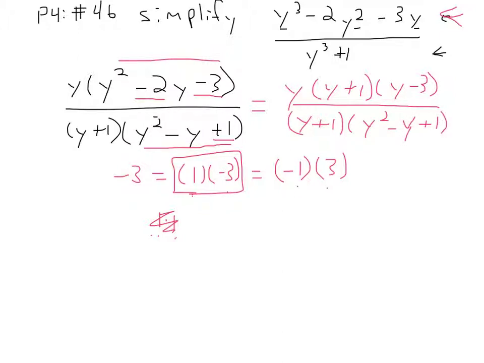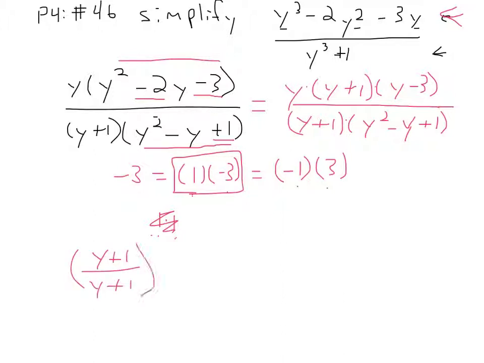Now, are there any terms that can cancel out? Do we have the same thing on the top and the bottom? Same thing multiplying the top and the bottom. We need the multiplication because to do this properly, we need to break this up, right? We have a y plus 1 over y plus 1.